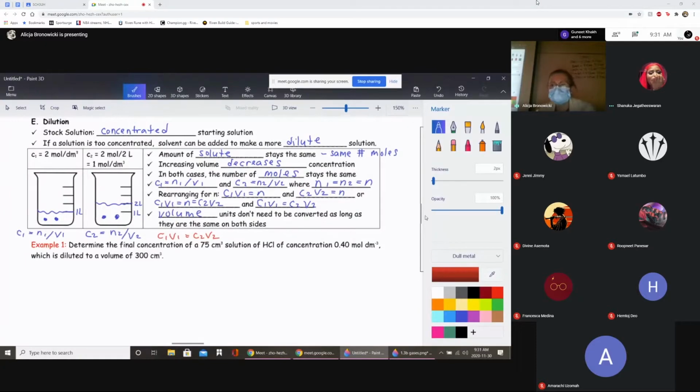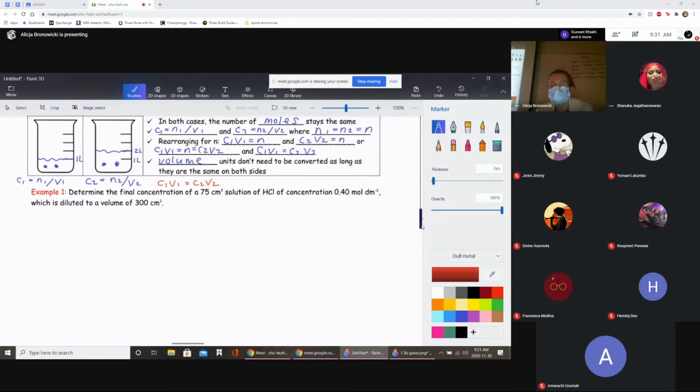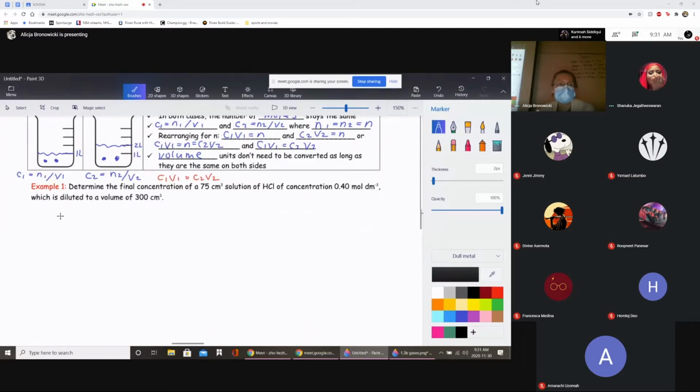Okay, so I always like to draw pictures here. So I have 75 cubic centimeters. Now this 75 cubic centimeters is 0.40 mole per dm3.